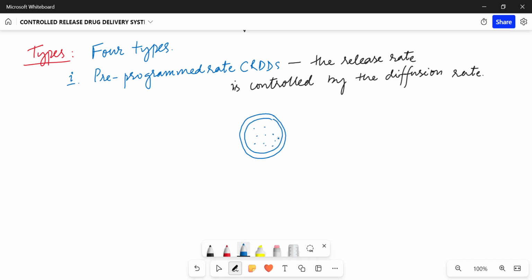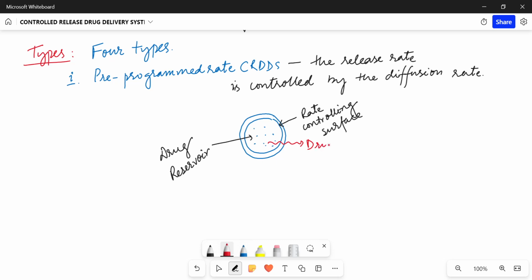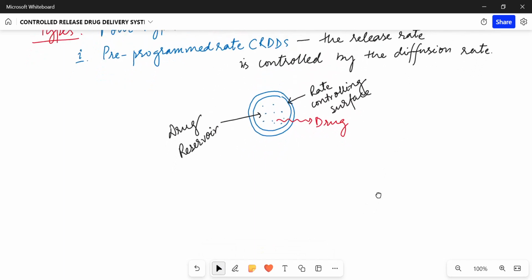These are the drugs. This is the rate controlling surface. This is the drug reservoir. And these are the drug release. Okay. So the rate of release is controlled by the diffusion rate and occurs the release of drug.